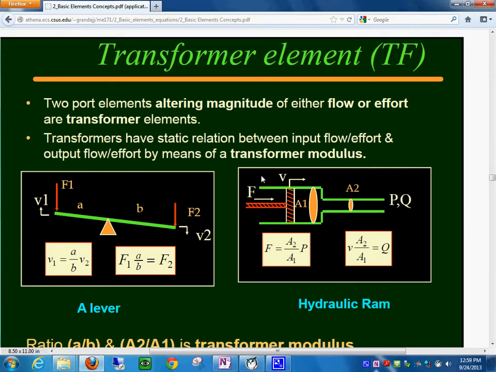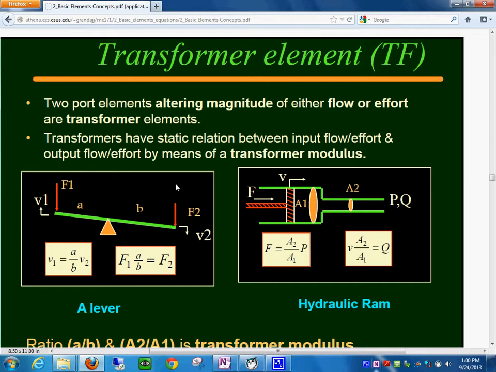Transformer element. In the case of a transformer, the best example I can give you is a set of gears. Isn't it true that a gear set transforms one velocity into another velocity, right? Or one torque into another torque? That's what you learn in your design class, right?